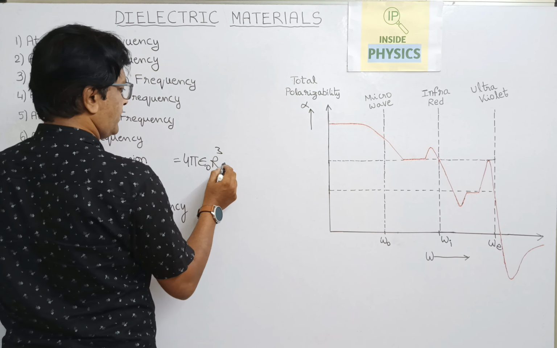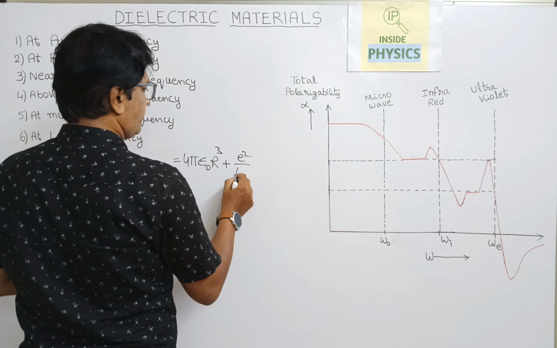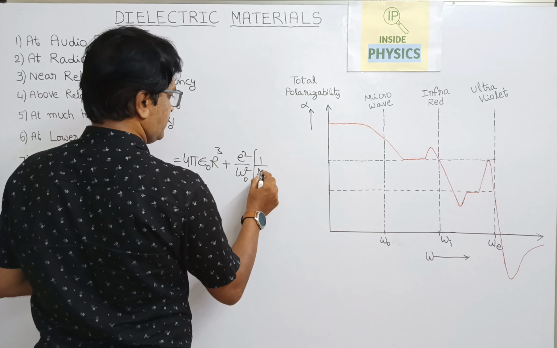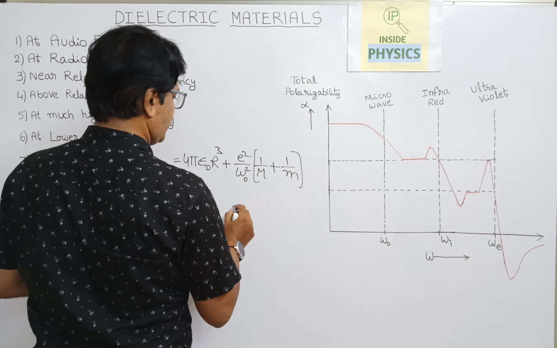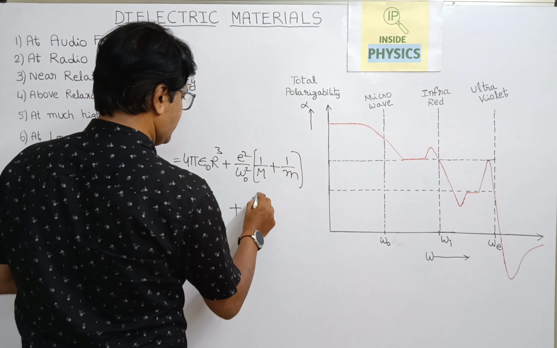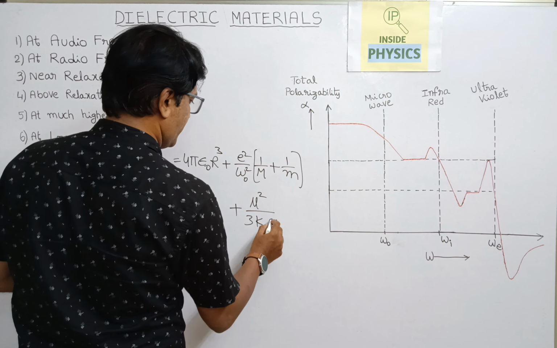This is regarding electronic polarization, and for ionic polarization you can take the relation as shown, and finally the orientation polarization is given by this formula.